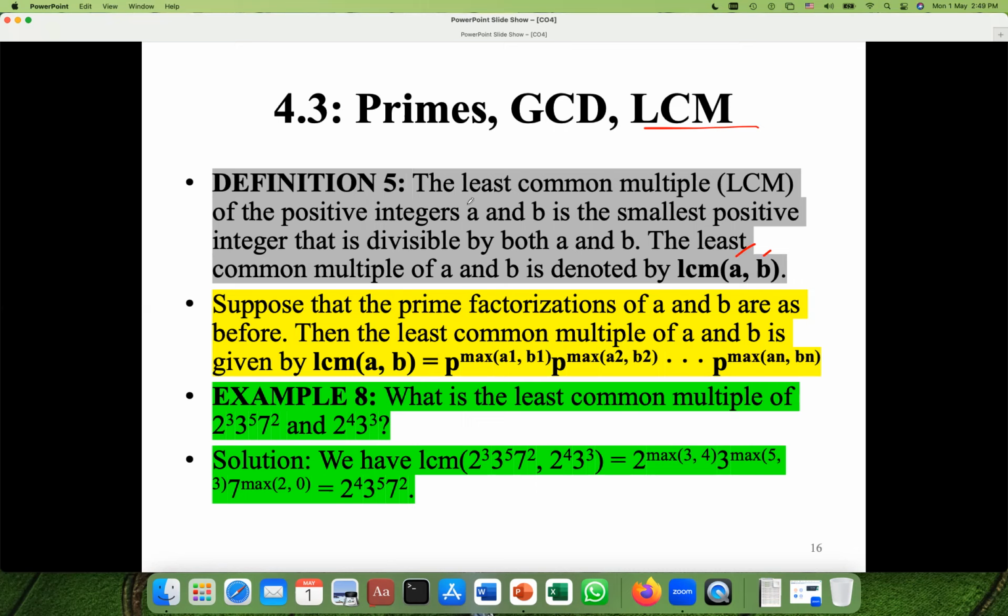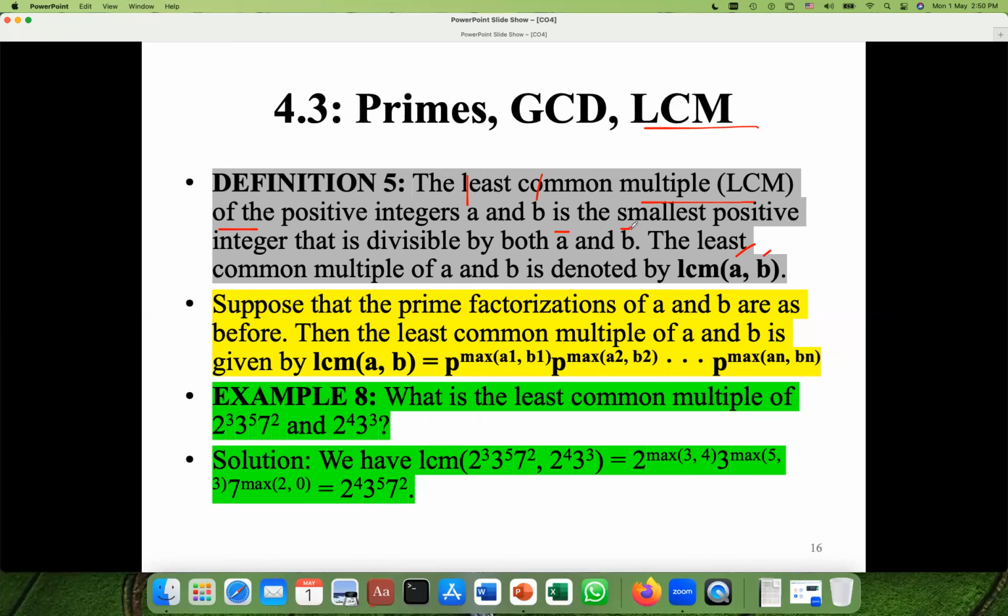If we are given two numbers A and B, then the LCM is the smallest positive integer that is divisible by both A and B. That smallest positive integer can be divided by A and also by B. It is not that A and B are divisible into that smallest; rather, that smallest number is divided by A and also by B. It is just the opposite direction.